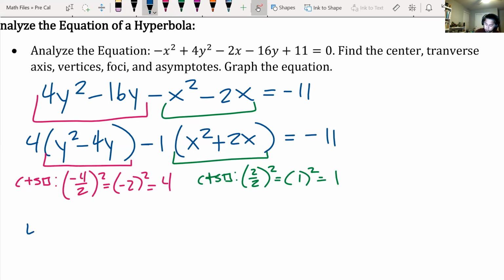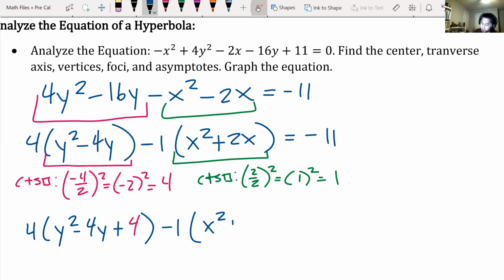I have 4 times y squared minus 4y plus what number? 4. And then minus x squared plus 2x plus what number? 1. Good. Equal to negative 11 plus what number?